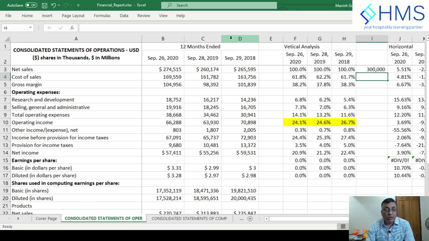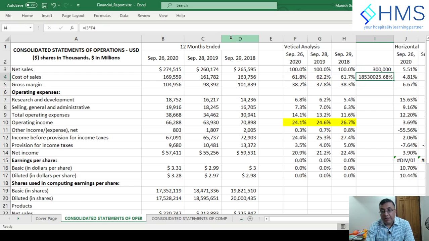For $300 billion, the cost of sales, if it remains at 61.8%, so you use the latest one, then the company will be able to earn this much gross profit. If the company spends another 6.5% or 7% on marketing and research, then the information is going to be this much.